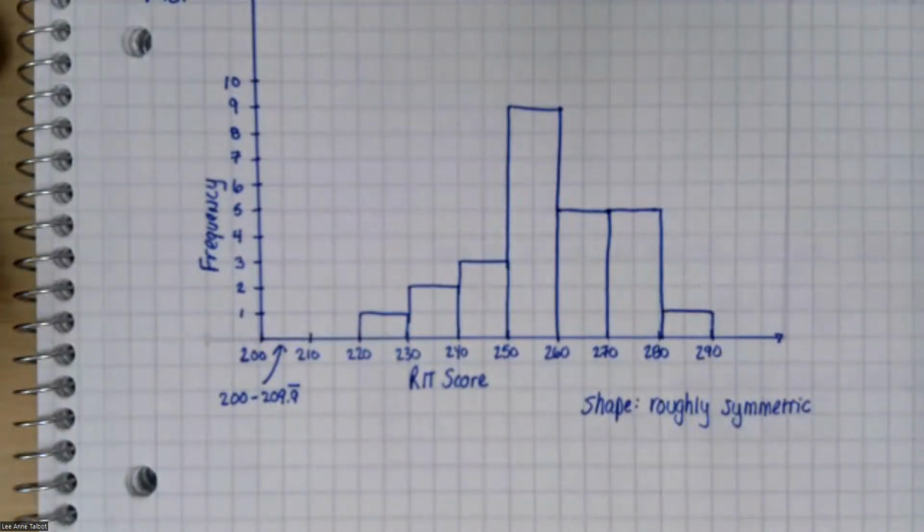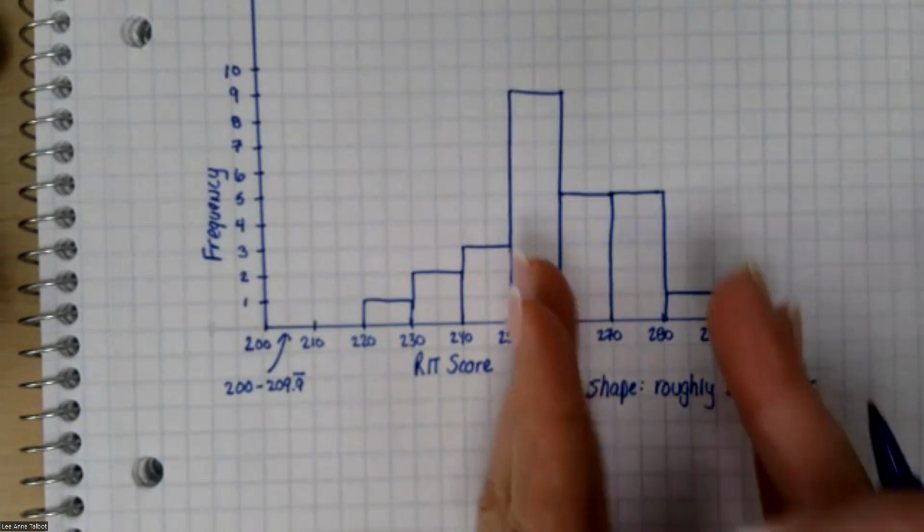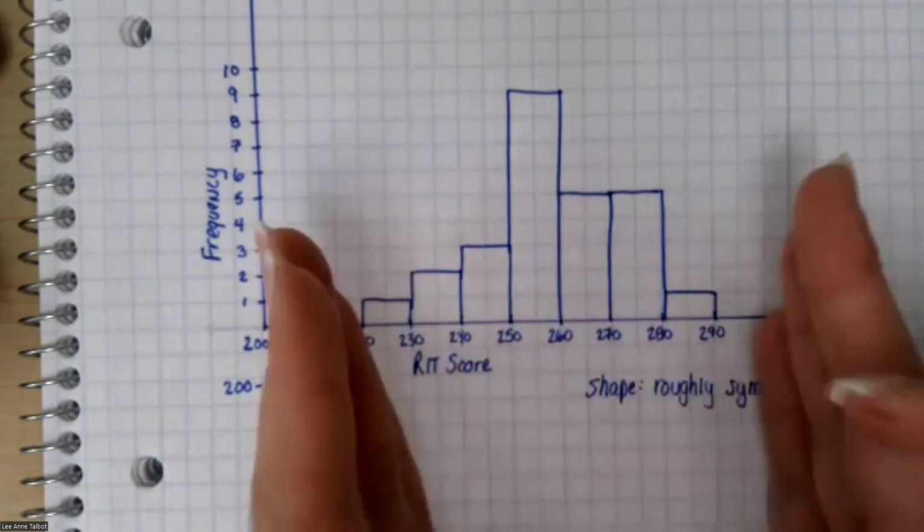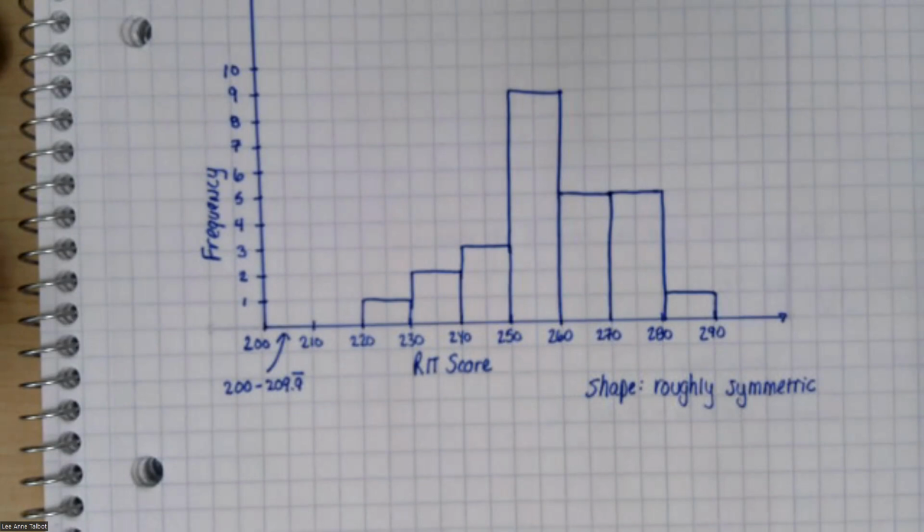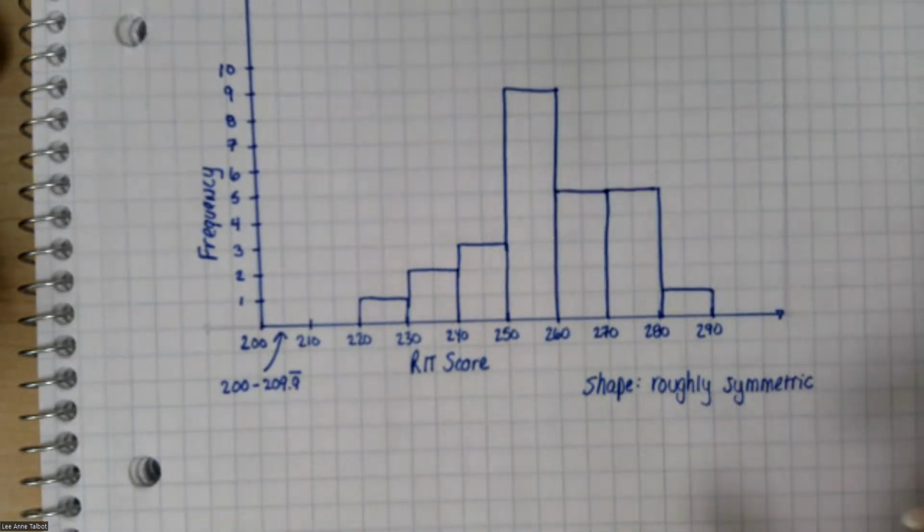Symmetric meaning if I folded it in the middle, it would sort of match up on both sides. This is tough. It's stats, it's not math. There's a lot of times two possible answers for shape that I would take as correct. But when you do a quiz or test with this, I'll try to make it really obvious. But as I said, this is real.